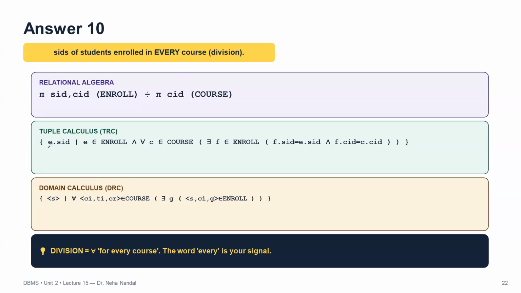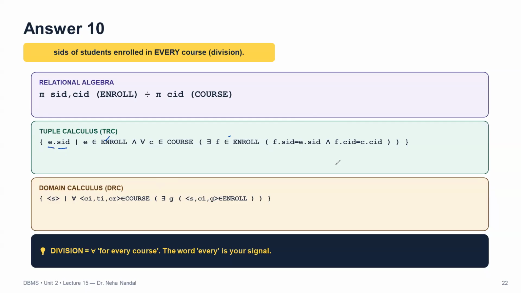So what you will do? E dot SID that we want to display as our answer. So E belongs to enroll. And for all C which belongs to course, now you have to give a condition. You have to perform this join. Yes, there exists an F which belongs to enroll again, and F dot SID should be equal to E dot SID. Okay, because here we are checking enroll. Yes, so we have to perform this common of both. Yes, and then F dot CID is C dot CID.